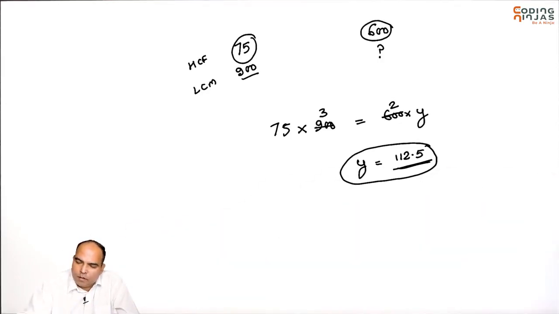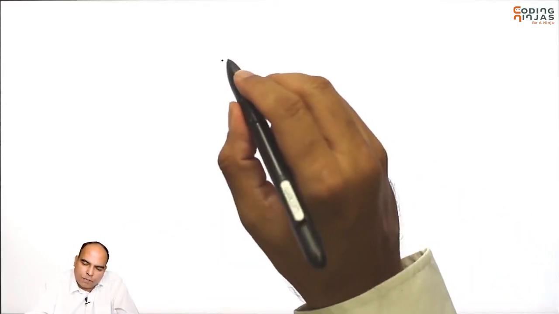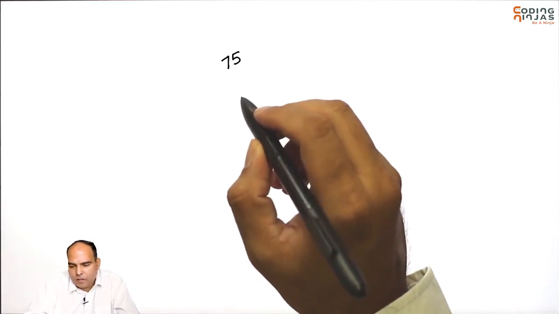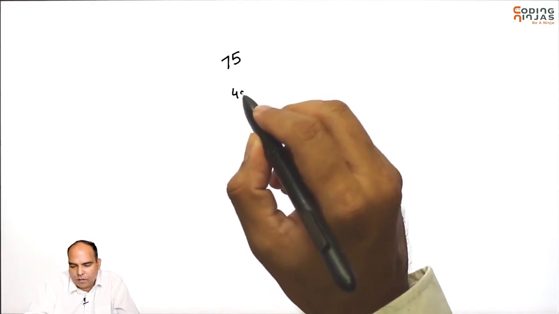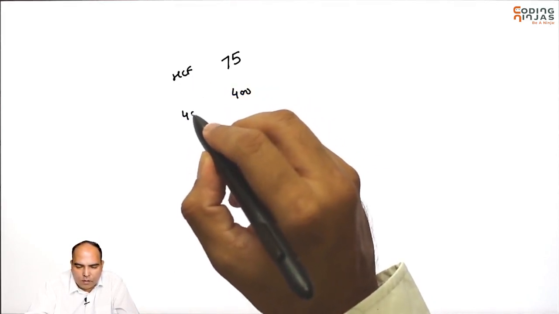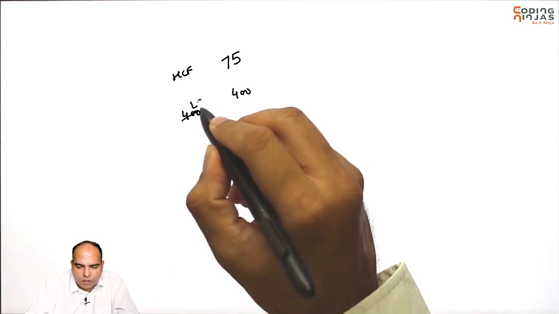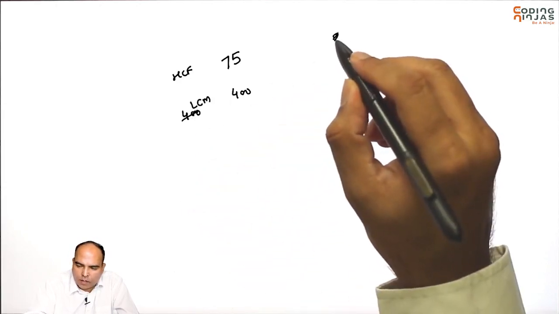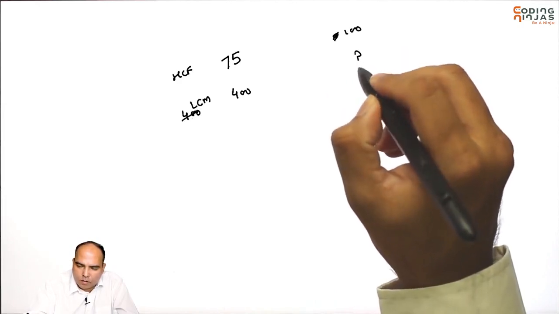The second trap in the same question is, I tell you the HCF of two numbers is 75, the LCM is 400. If one number is 100, what is the other number?